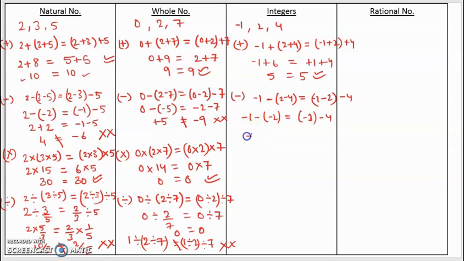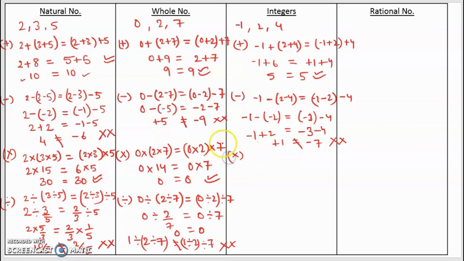So minus of -2 is +2 should be equal to, opening the bracket, -3 minus 4. So -1 plus 2 is +1, and this is -7. So hence they are clearly not the same. Therefore subtraction does not follow the associative property even for integers.